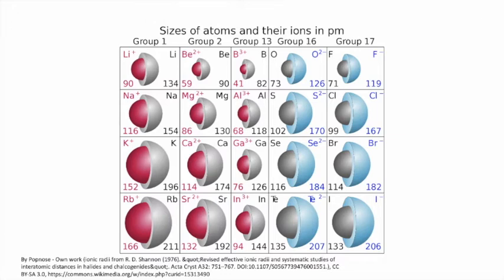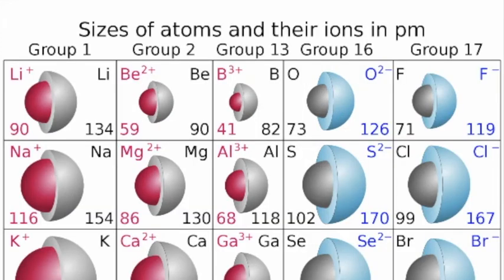The ionic radius for anions is depicted in blue. The ionic radius for cations is depicted in red. Let's take a look at the top row starting with oxygen, and look at the ionic radii.